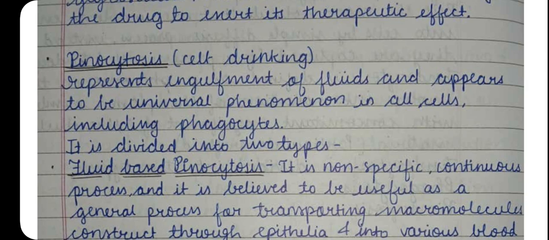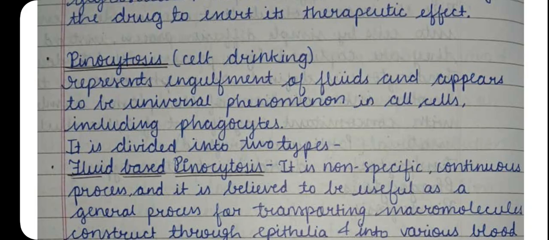Pinocytosis is also said to be cell drinking. It represents engulfment of fluid and appears to be a universal phenomenon in all cells, including phagocytes. It is divided into two types: one is fluid-phase pinocytosis and the other is adsorptive pinocytosis.